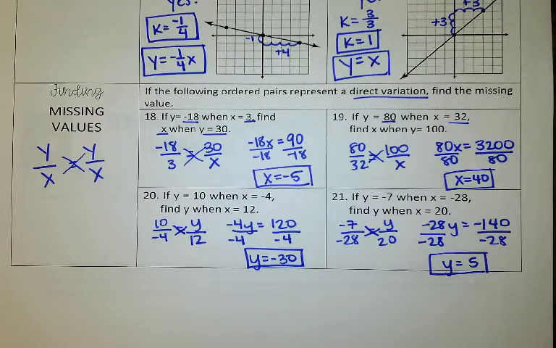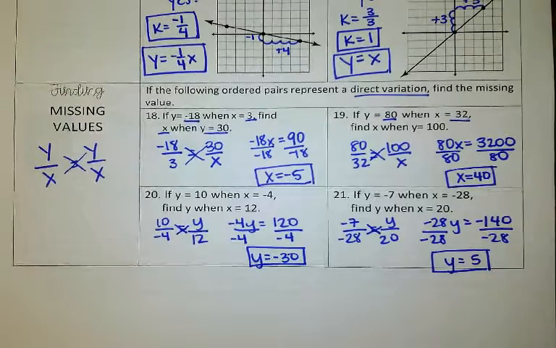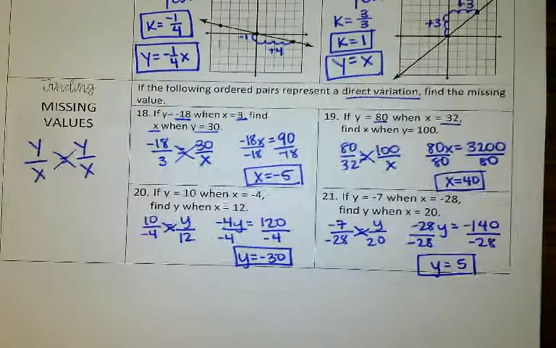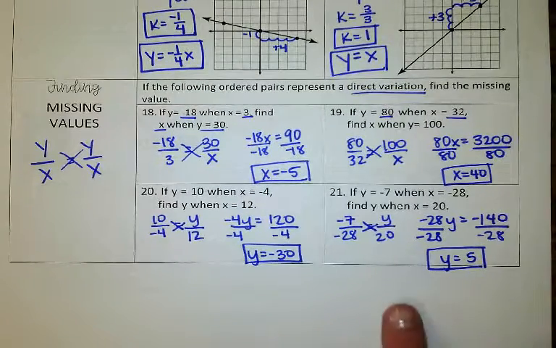And on this last one, we had y equals positive 5, because negative 140 divided by negative 28 gives us positive 5. Do you guys feel pretty good about these? Any questions on direct variation? All right, we're going to move on.